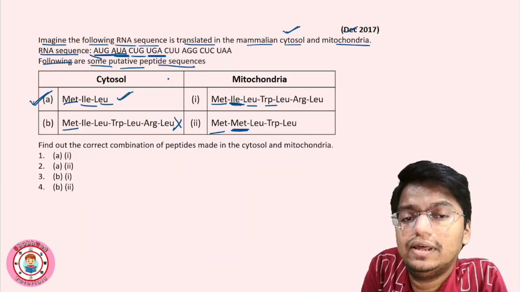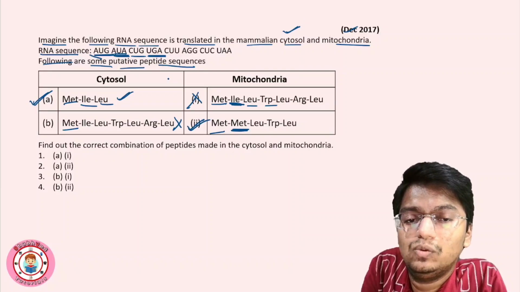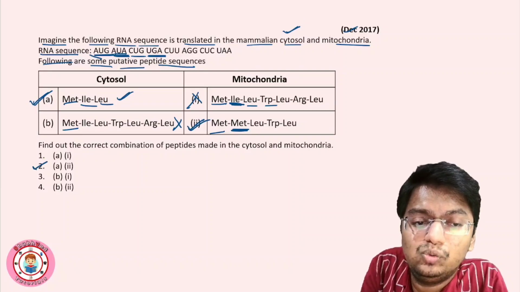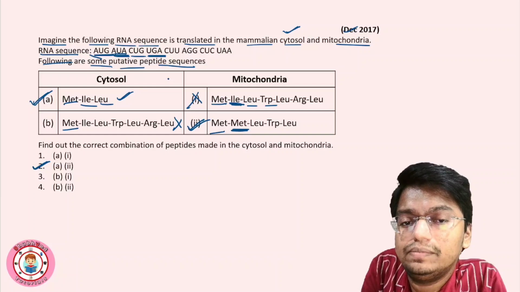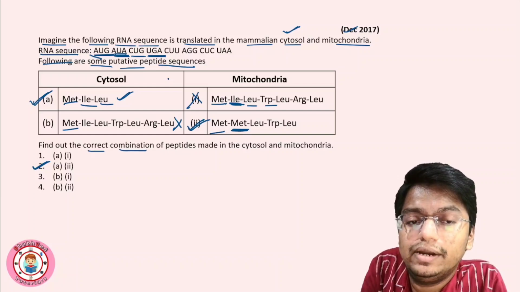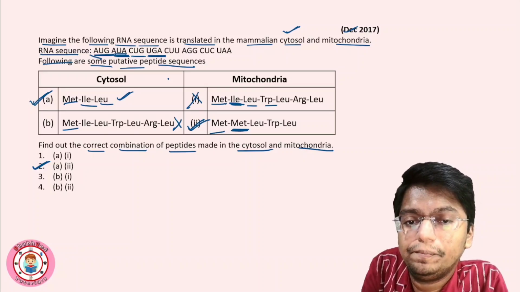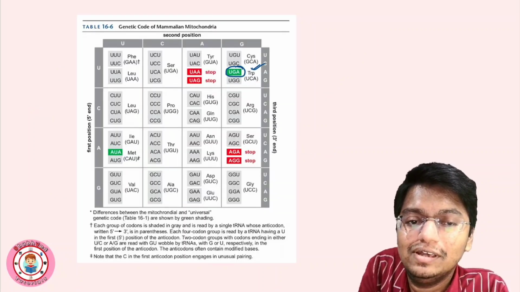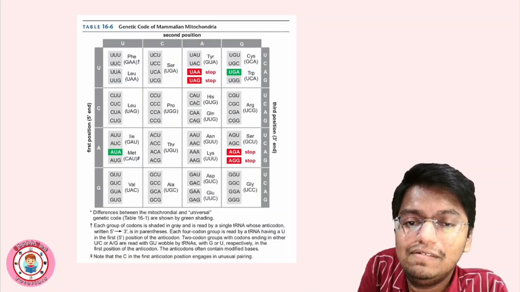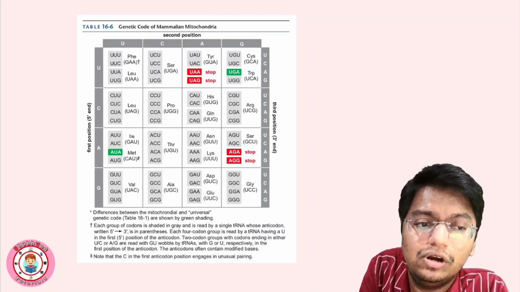So option 1 again नहीं होगा, ये होगा. So A2, option 2 is the correct one. A2, find out the correct combination peptides made in the cytosol and mitochondria. Okay, so this is how you can solve. I will erase this so that you can make a screenshot.